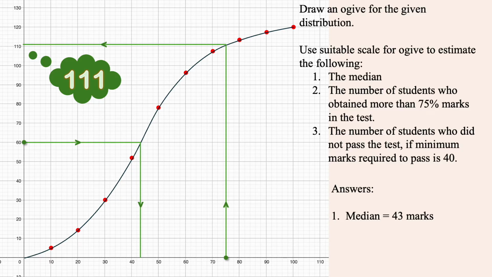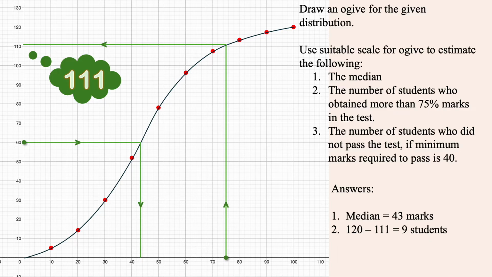We need to find the number of students who scored more than 75%. So now we know that 111 students scored less than 75% marks. So the students scoring more than 75% marks are the remaining students, which is 9. So 9 students scored more than 75% marks.